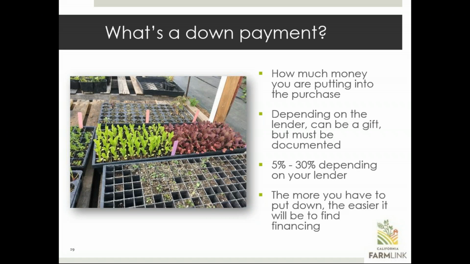It's your skin in the game. A lender likes to see that. If they're going to be investing in you, they like to see that you're investing in yourself as well. A down payment can be a gift as well, but that has to be clearly documented. The more money you put down, the easier it is to find financing.